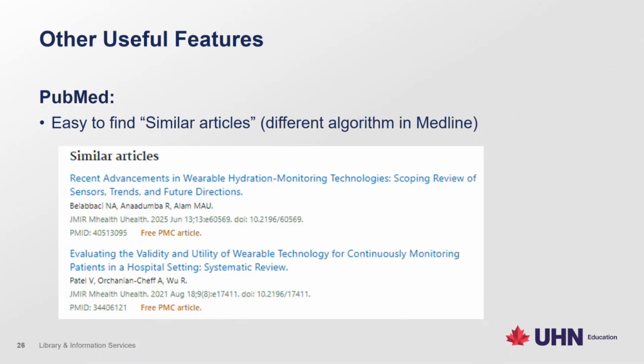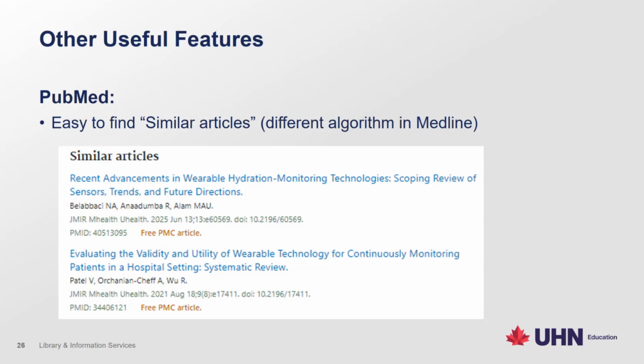There are also some other useful features you may be interested in, but I don't think they're as important for choosing between the two databases. In PubMed, once you have an article that you're interested in, it's really easy to find similar articles.